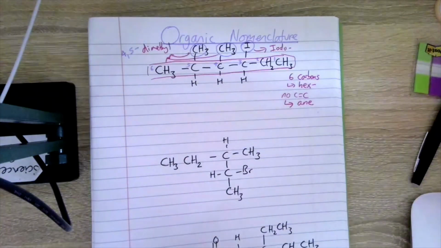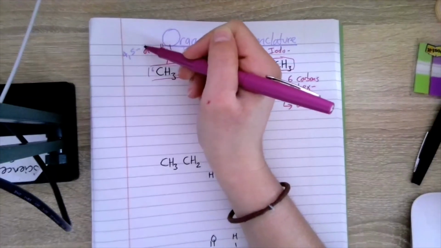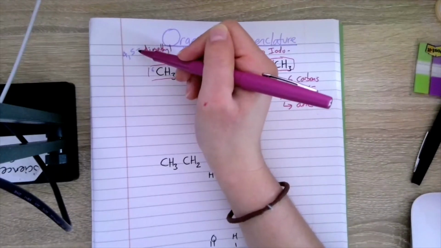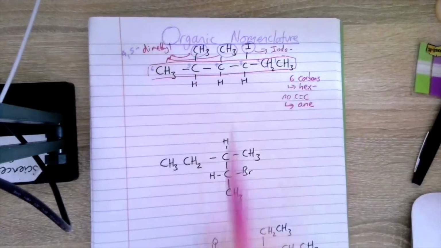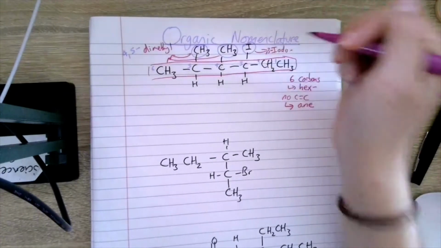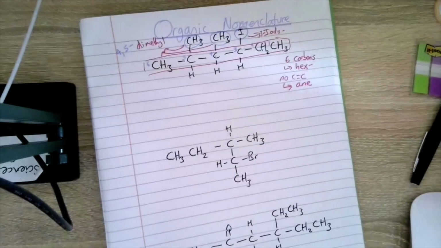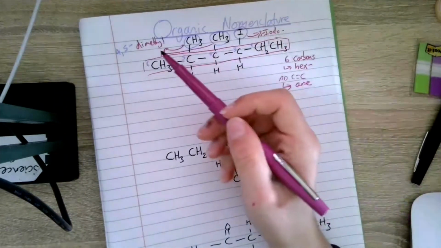Now notice here I'm using a comma to separate numbers and a hyphen or a dash to separate numbers and letters. And our iodo one here is 3. And so when we're looking to tie it all together, we need to also consider the order of these 2 prefixes.